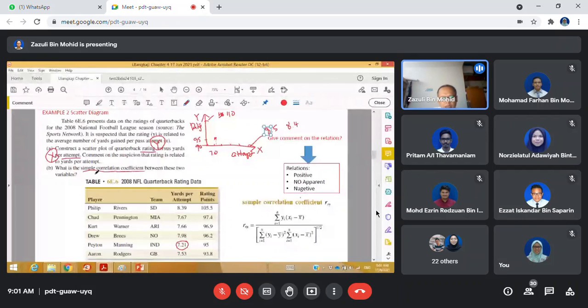Even though this plot is about the scatter diagram, which is explained in chapter 4, sometimes mixed questions appear in your test. So after you plot the data, you have to explain what the relation is. The equation of the correlation coefficient is in chapter 5, I think.